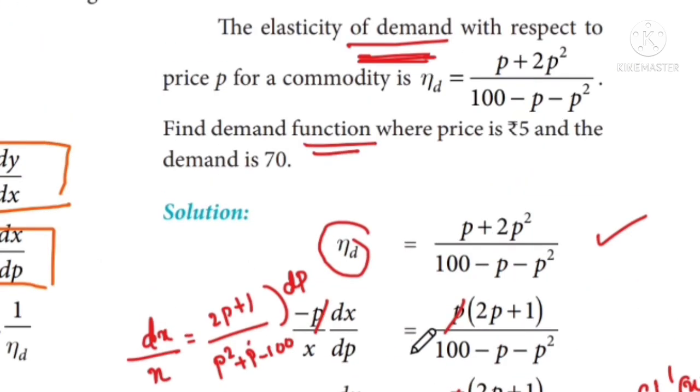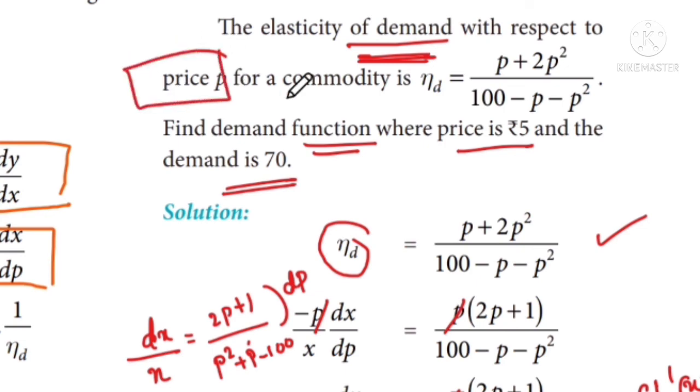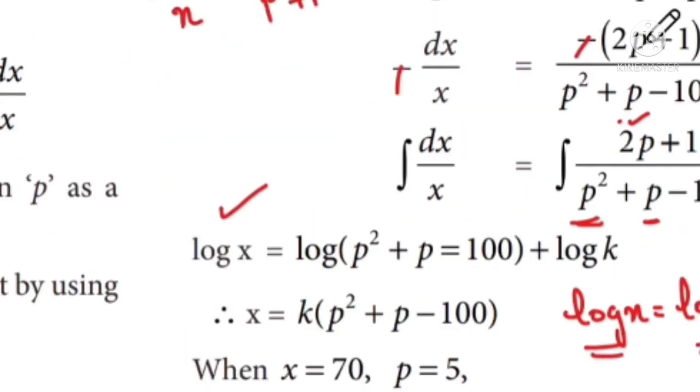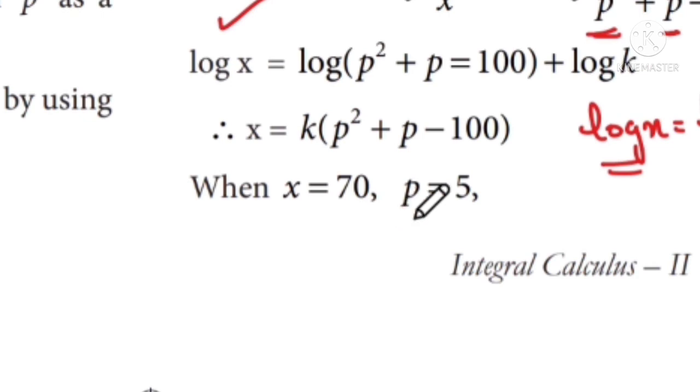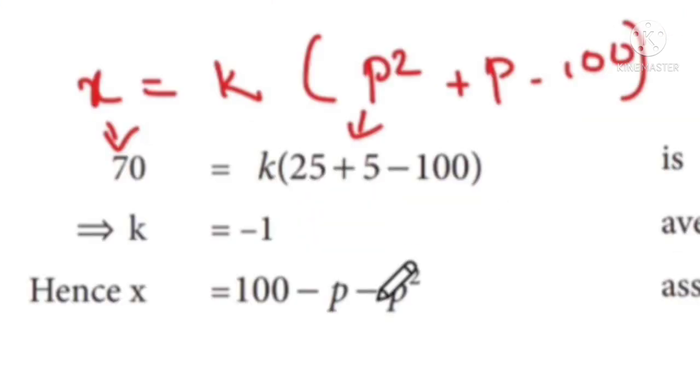They have given here, to find the function, the price is 5 and the demand is 70. The price p is 5. So put p is 5 and x, the demand, is 70. The function is x is equal to k into p square plus p minus 100.